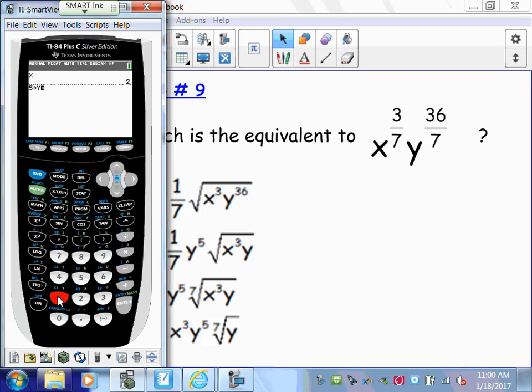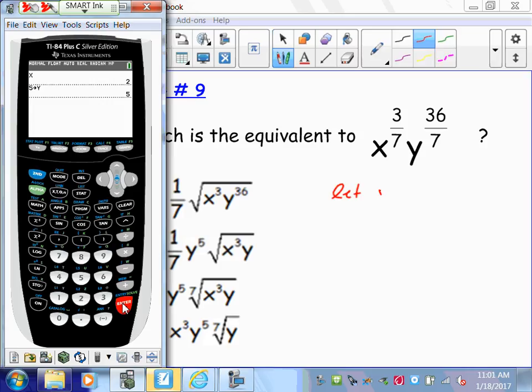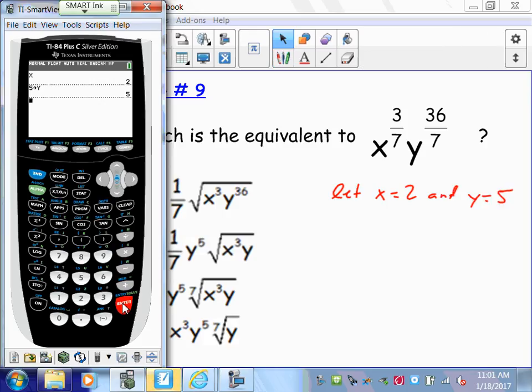Okay, you see where the y is? So in this case, we let x equals 2 and y equals 5. You can pick whatever number you want. Just type in that equation into your calculator.